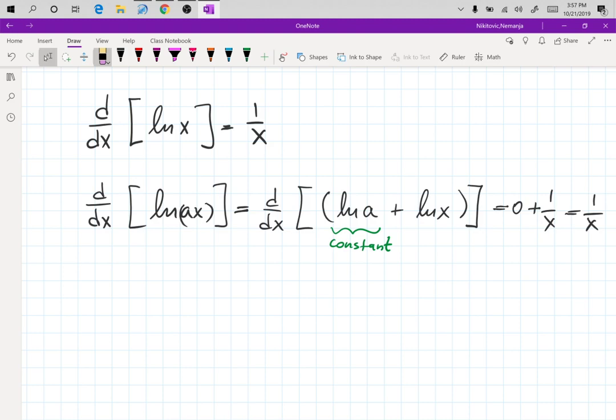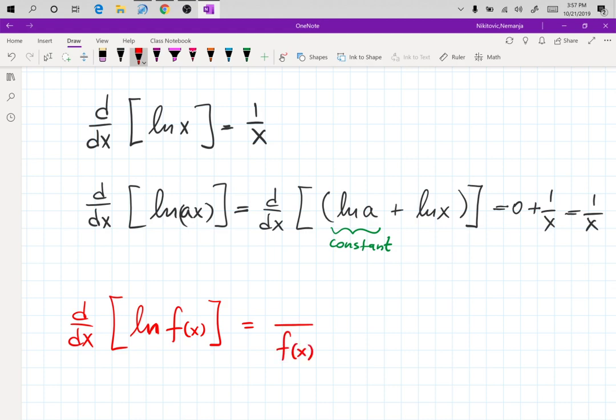So let's take a look at the formula that you absolutely must know if you're going to Calc 2. And that is the derivative of ln of f of x. So any function, it's no longer just x. Just like we upgraded e from e to the x to e to the f of x, now it's ln of f of x. And this is probably my favorite derivative formula, because you just take f of x as is.